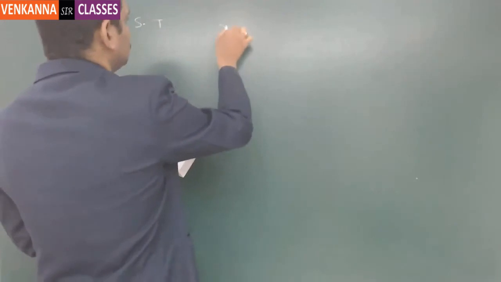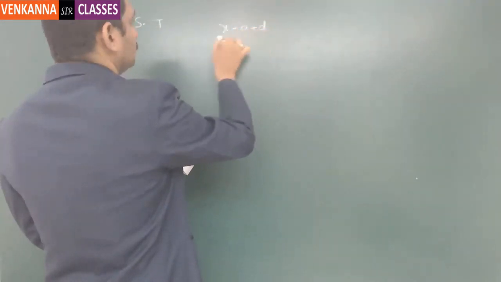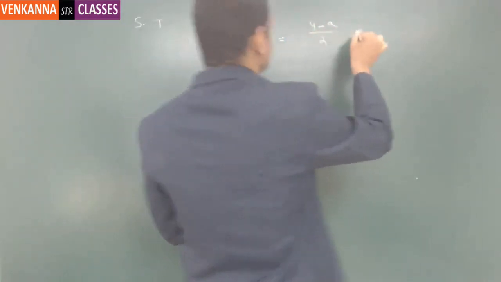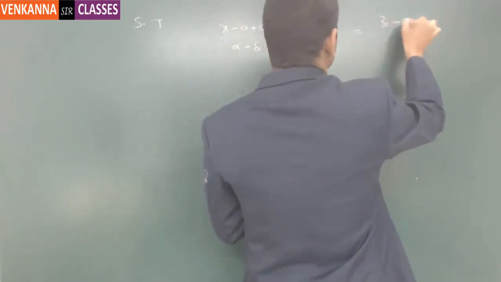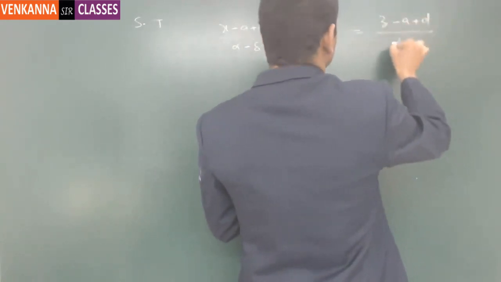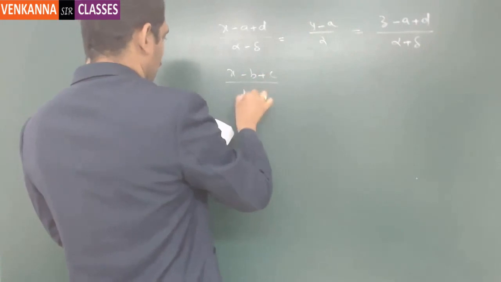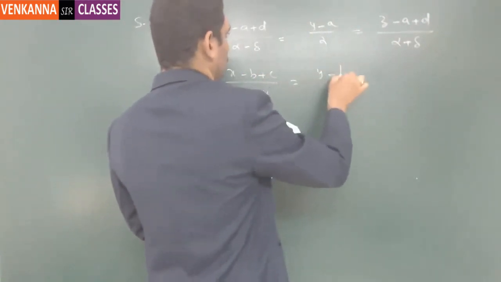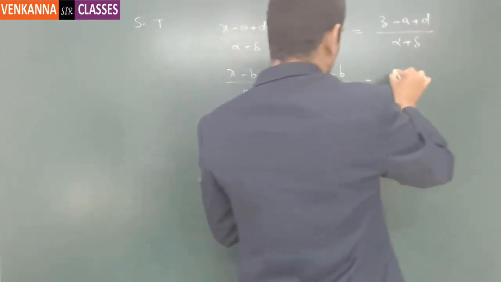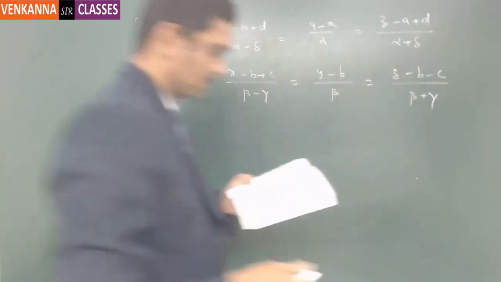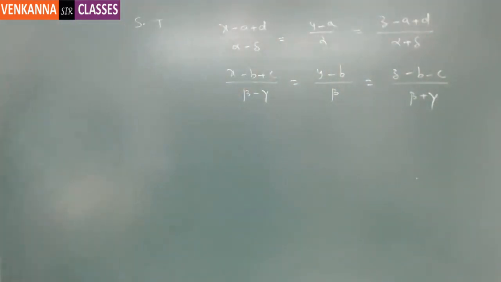Show that the two lines, given in symmetric form, are coplanar and find the plane containing them.